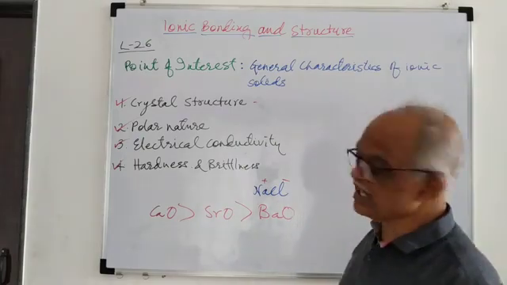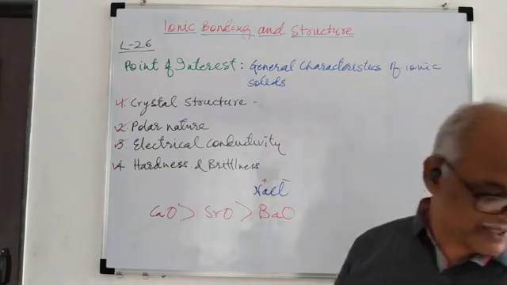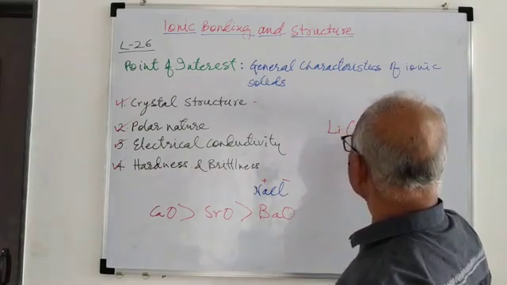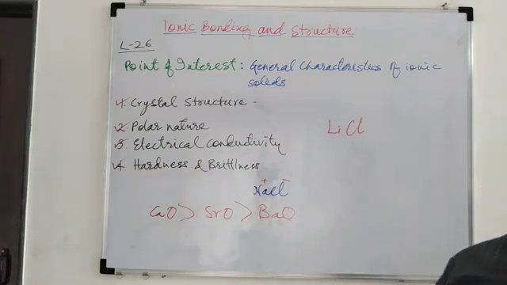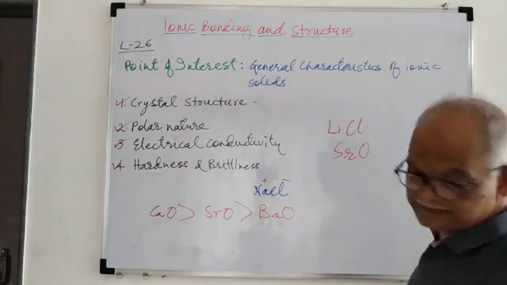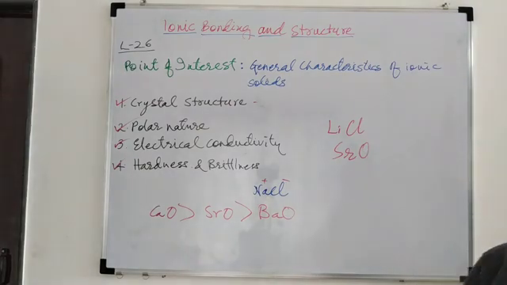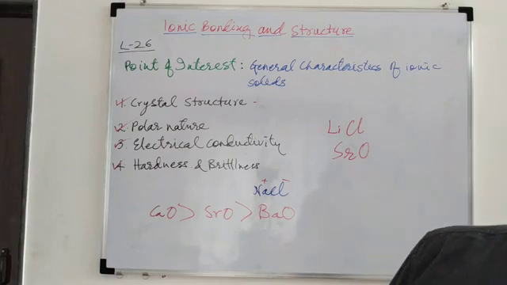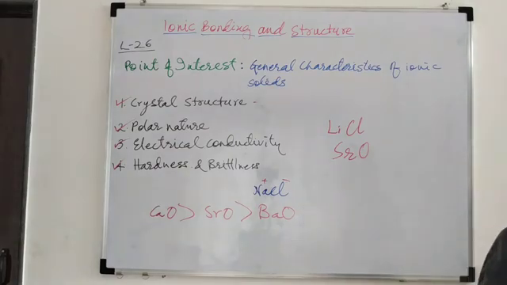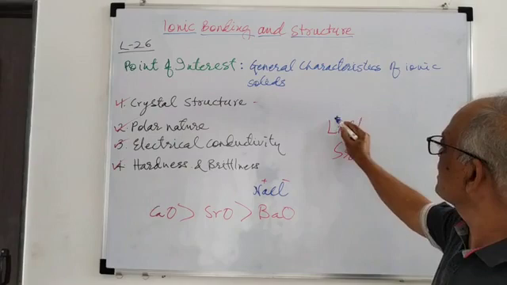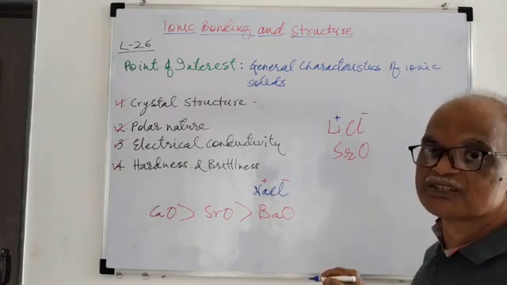Then if we consider two solids, for example LiCl and strontium oxide, SrO, we find that Li plus has a 1 plus charge and this has a Cl minus charge.